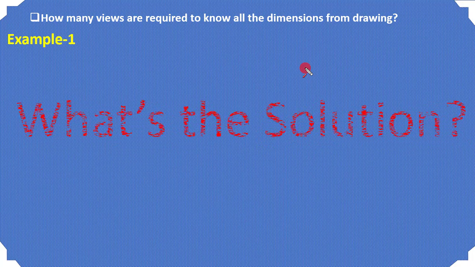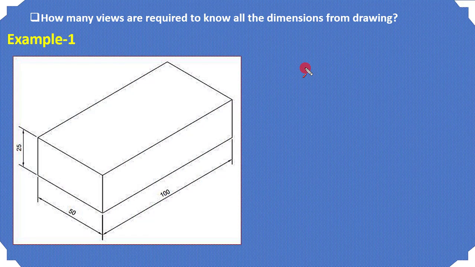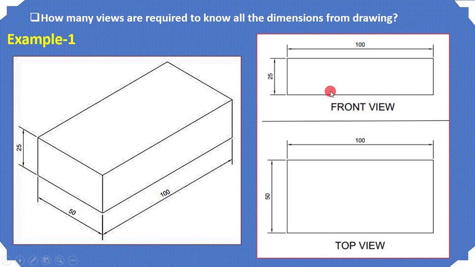So what's the solution? Let's see. If you want to give information regarding this object, we can draw the front view, which is a rectangle that will appear when you look at this object from this side, and you can draw a top view, which is the view when you see this object from the top side.